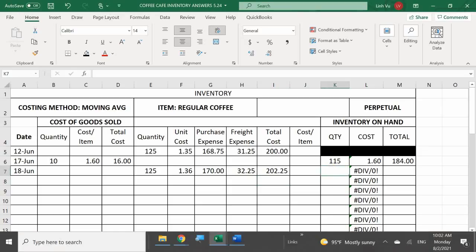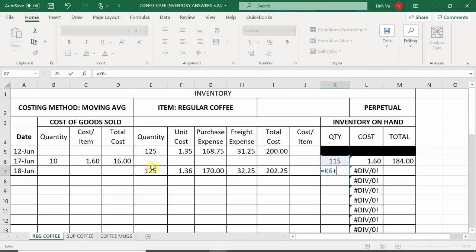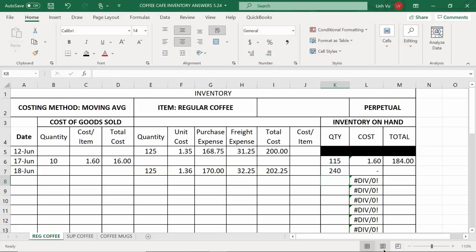So now we must update our inventory. If I have 115 and I added 125 pounds, how many pounds do I have? 240. 240. Good. Same thing on this side, right?